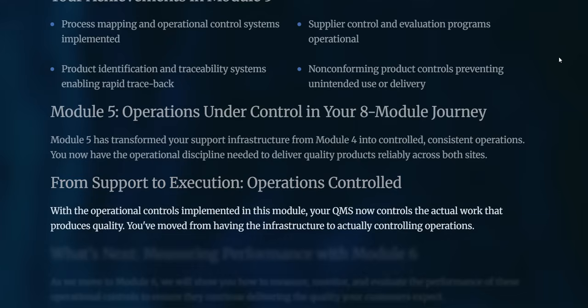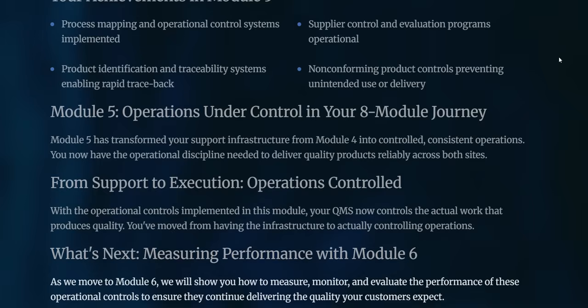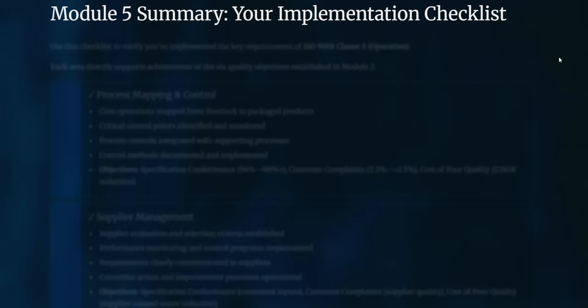With the operational control implemented in this module, our quality management system now controls the actual work that produces quality. We have moved from having the infrastructure to actually controlling operations. So what's next? Measuring performance in Module 6, which we covered earlier.